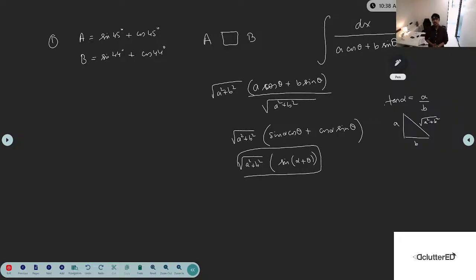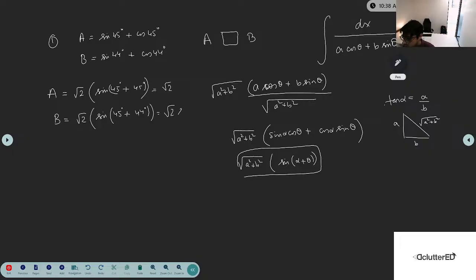Now, in our given question, both A and B are 1. So, I can transform A equal to root 2 sine 45 degrees plus 45 degrees, and I can translate B to root 2 sine 45 degrees plus 44 degrees, which is root 2, because 45 plus 45 is 90, and this is root 2 sine 89 degrees, and this quantity is less than 1.